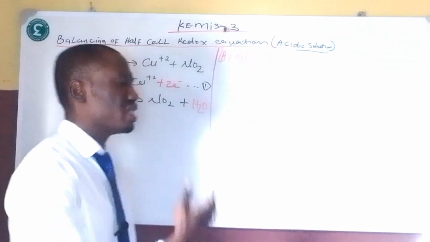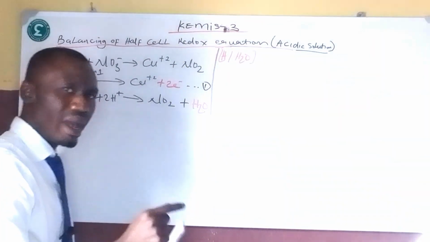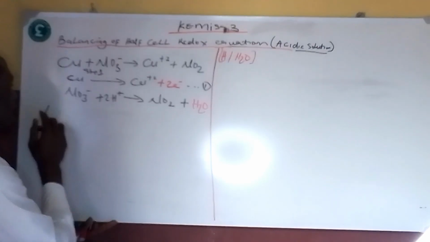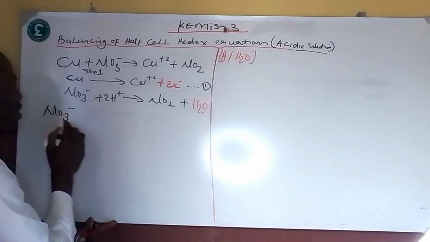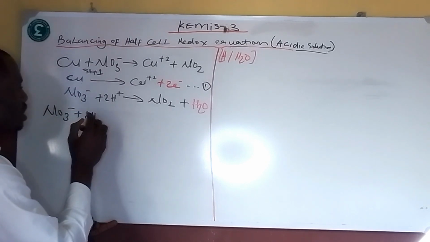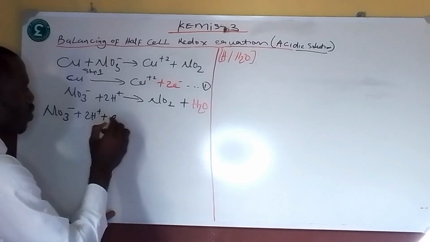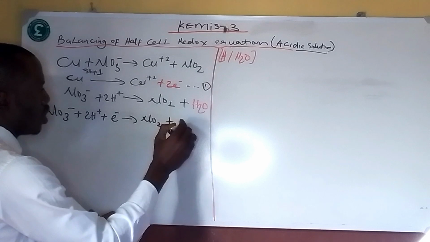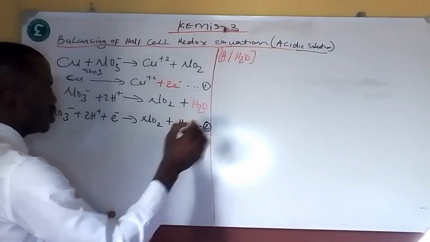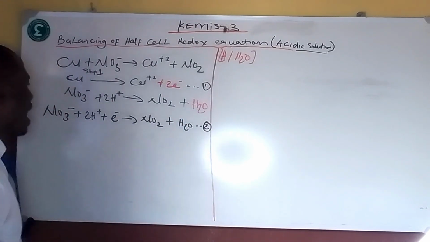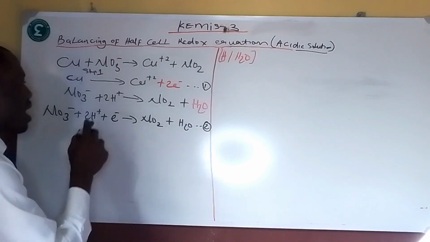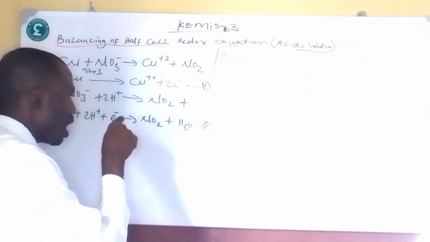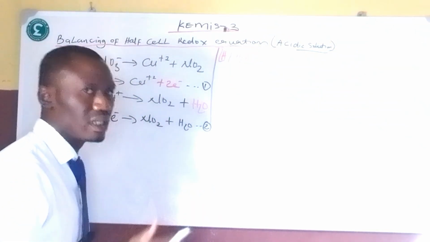The highest charge in this equation is plus 1, so my electron will go to the reactant side. So what I'm going to have now in my new equation is NO3 minus plus 2 hydrogen plus 1 electron gives me NO2 plus water. Let's call this equation 2. Now, you notice that the charges are now balanced. Minus 1 plus 2, that is plus 1, plus minus 1, that is 0.